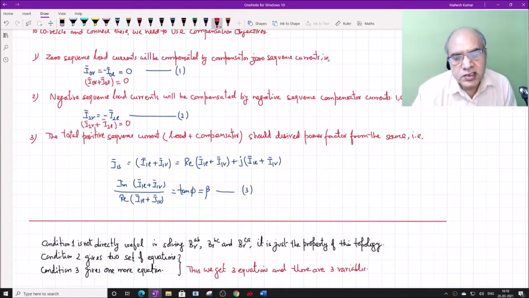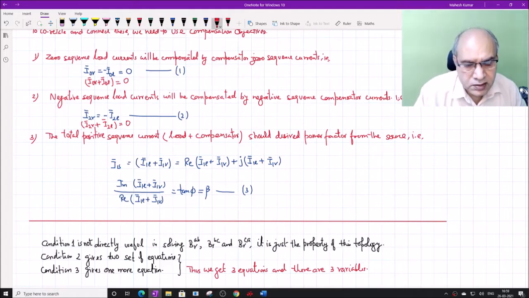It basically means that all the negative sequence current of the load is supplied by the negative sequence current components of the compensator, which is a fair enough condition, and it gives a very clear idea of what the compensator is supposed to do.